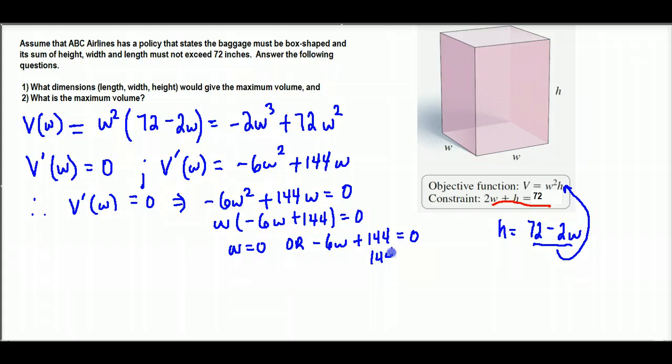And from here we can add 6W to both sides, divide both sides by 6, and what we end up with here is that W is equal to 24 inches. And so this would be our W max here.